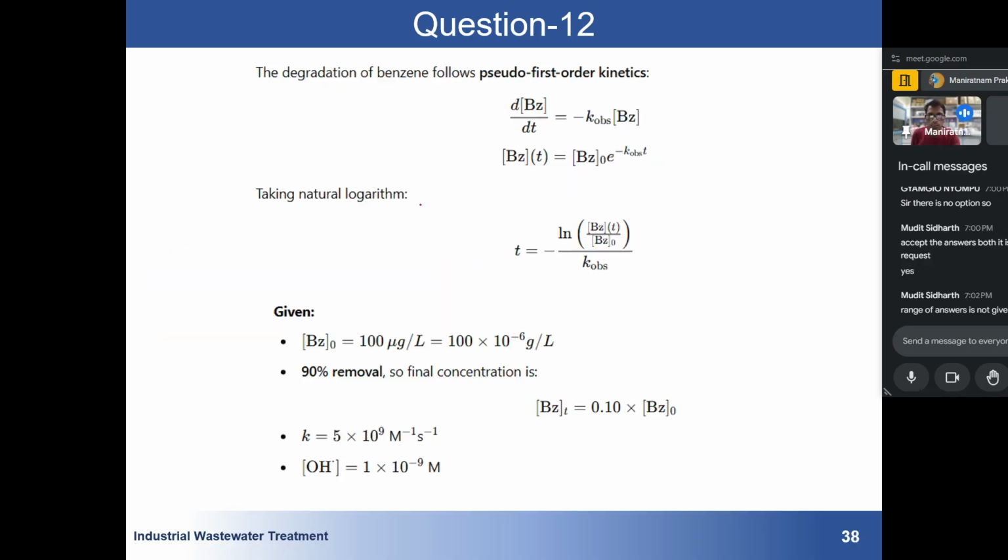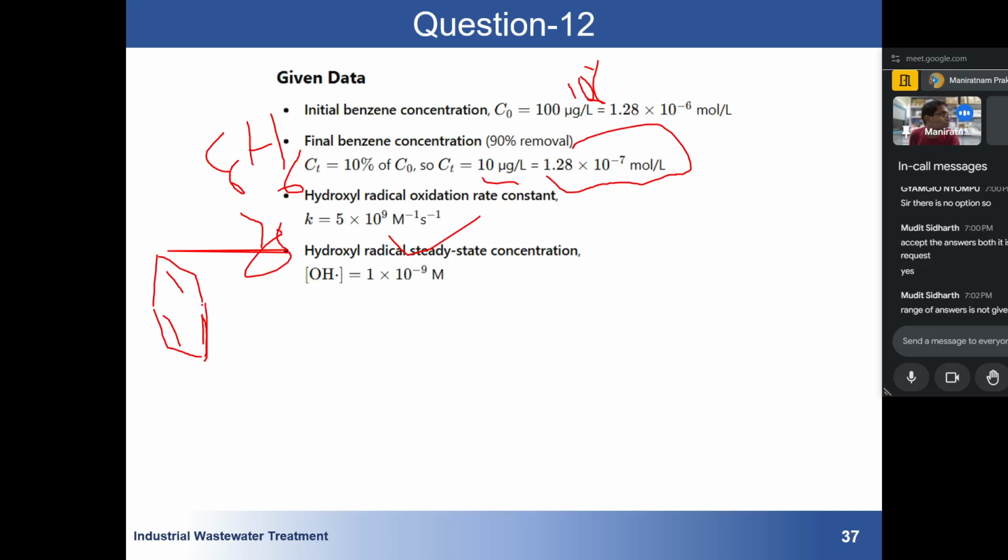Now, remember, as this is given to you, if you go through the kinetics, I'm a little bit detouring from the actual discussion. Whenever you are solving this radical question, this concept comes.